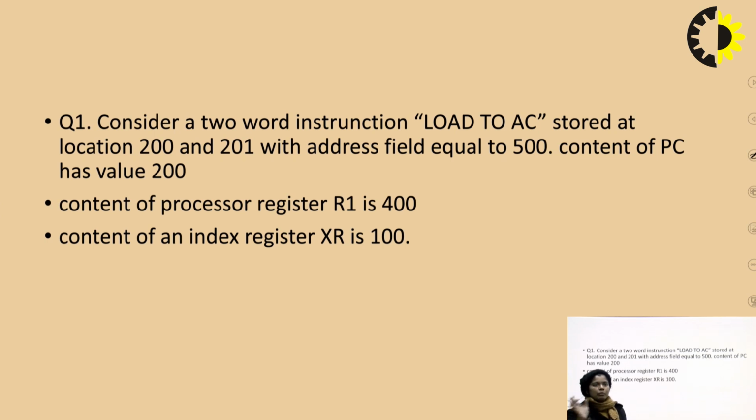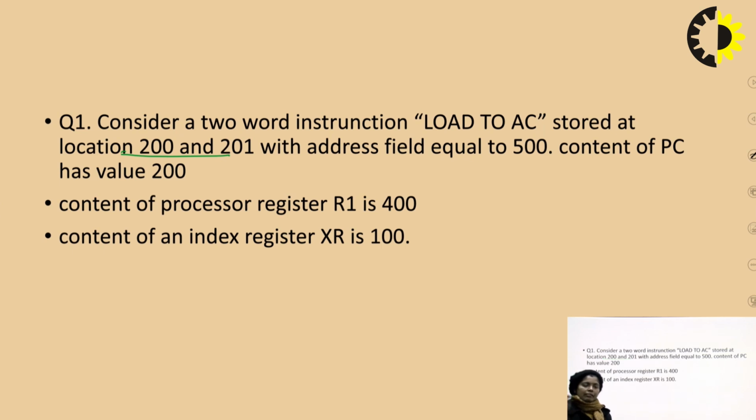Let's discuss the question. Generally, the question goes like this: consider a 2-word instruction, load to AC, with locations 200 and 201. So the first line tells you there is a 2-word instruction, so 2 memory locations are given. If it were a 3-word instruction, there would be 3 memory locations.